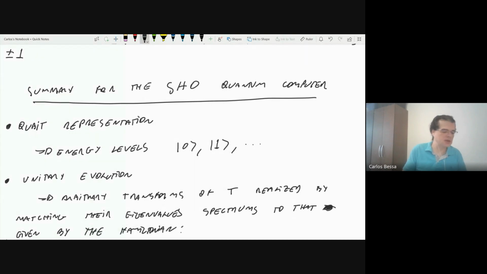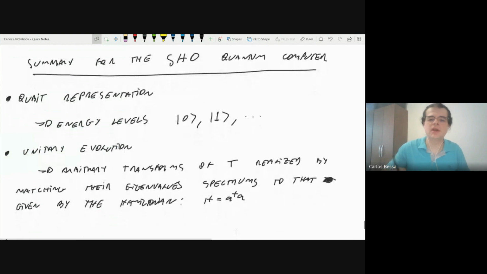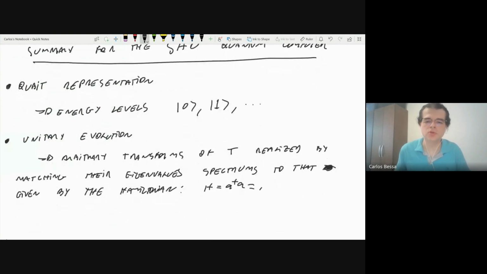In this case, the part that's necessary is the one associated to A dagger A, which is the N operator, the number operator.